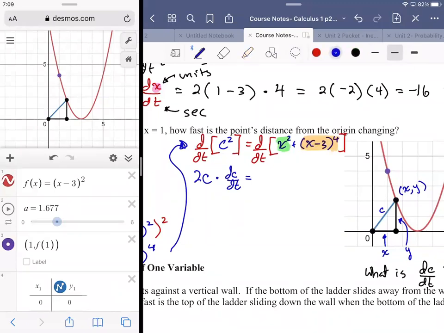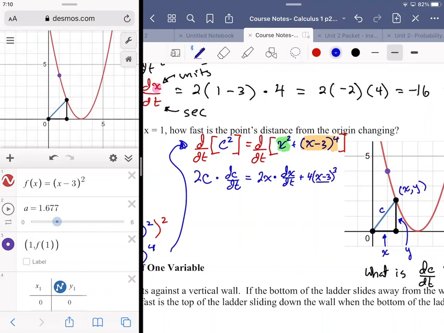Right, so 2x, x itself is a function of time, so times dx dt, or x prime if you want. The derivative of x minus 3 to the fourth would be 4 parentheses x minus 3 to the third power. The derivative of the inner function, x minus 3.